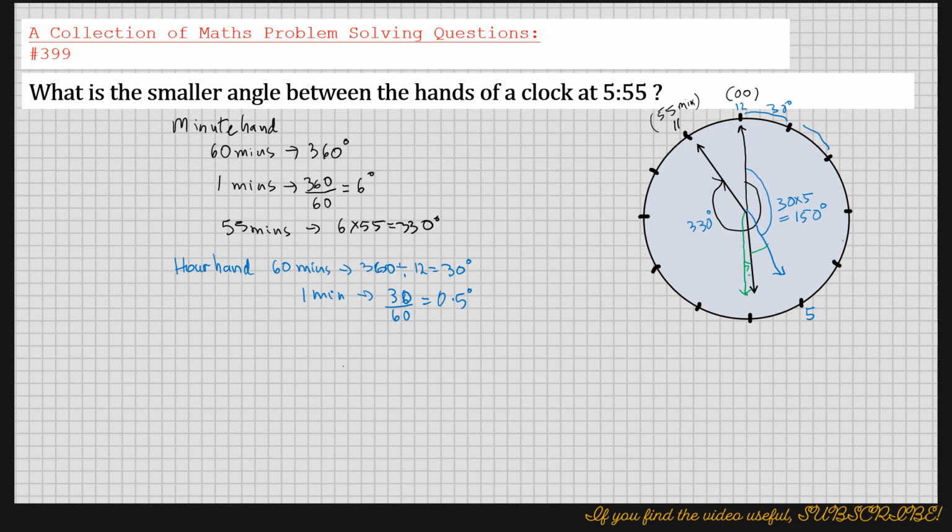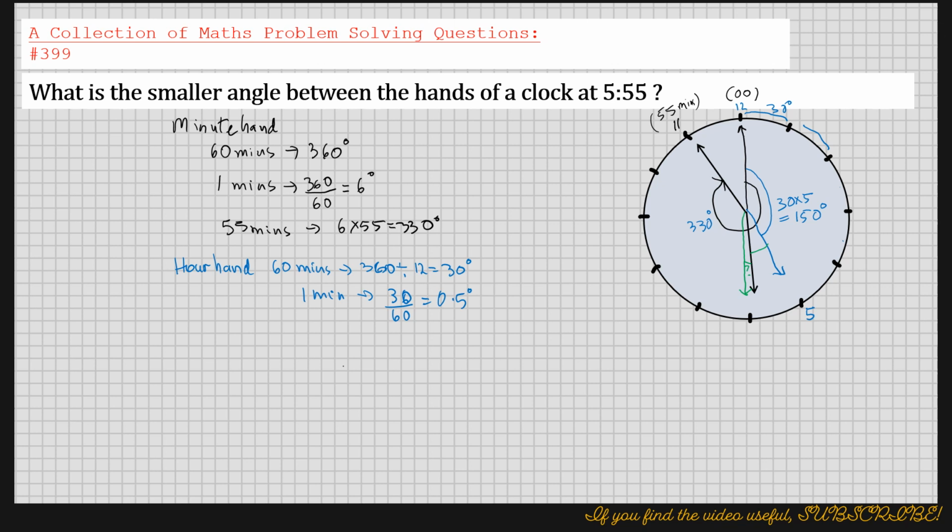To find that, I think of it like this: when the hour hand moves 360 degrees, the minute hand moves only 30 degrees.